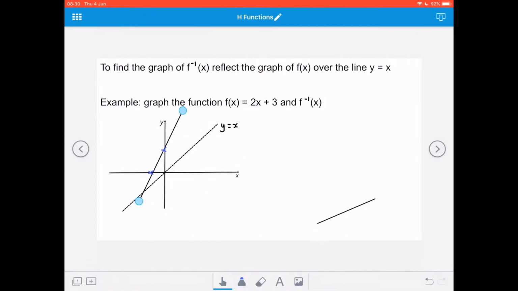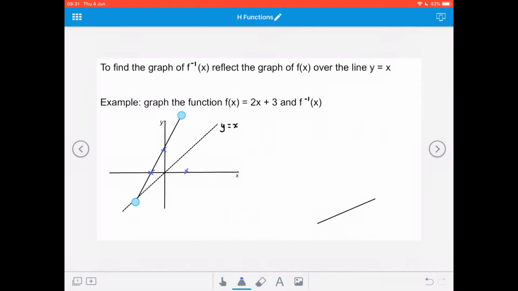And so if we put our straight line between those 2 points, in order to graph the inverse of that function, what we're going to do is take that 0, 3, and make it 3, 0 by reflecting it in that y equals x.